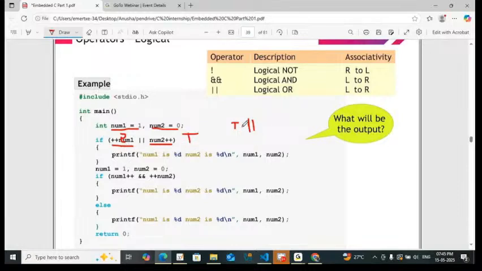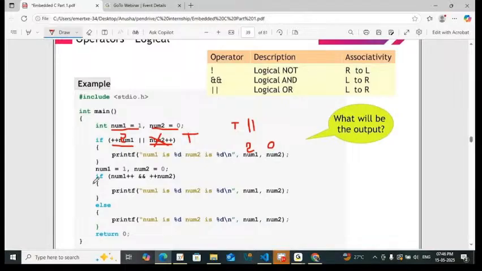So num1 becomes 2 and num2 is unchanged. It remains 0. So this statement will not get executed at all, because of the logical OR.